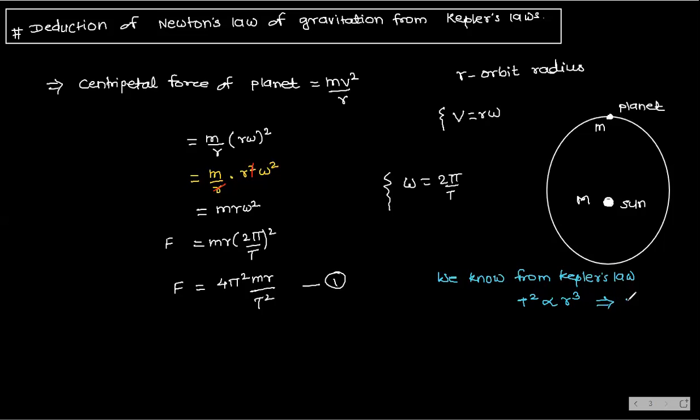That implies T square is equal to k into r cube, where k is a constant. Any doubt? Sharayu? No doubt, sir.